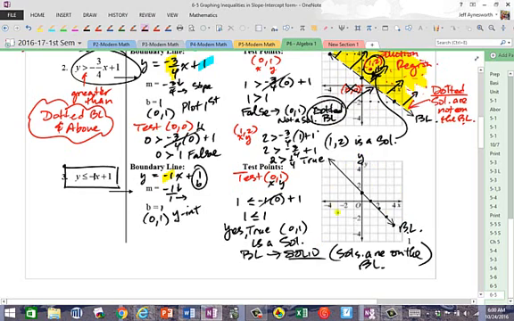Okay, so let's test. Let's test the origin. Now the origin is below, so let's see if it's a solution or not. So I'll just use the area right here. So 0, 0, x is 0, y is 0. Got to put a 0 here and here. So is 0 less than or equal to negative 1 times 0 plus 1? Well, is 0 less than or equal to 1? And the answer is yes, it is.